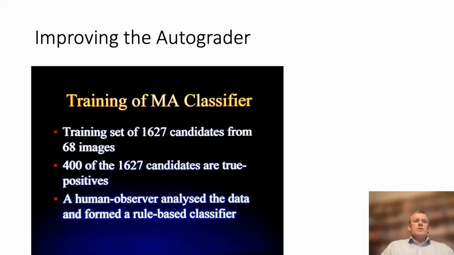So out of 68 images, the computer presented a potential 1,627 candidates in all the images, and I had to go through and identify which ones I thought were the actual true positives, and I found 400 out of the 1,627.